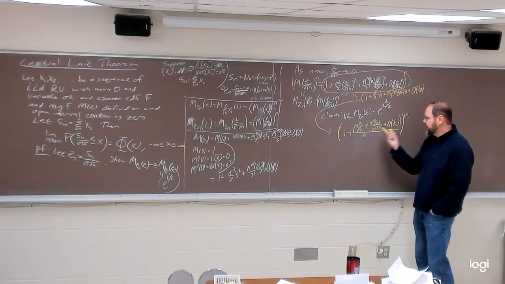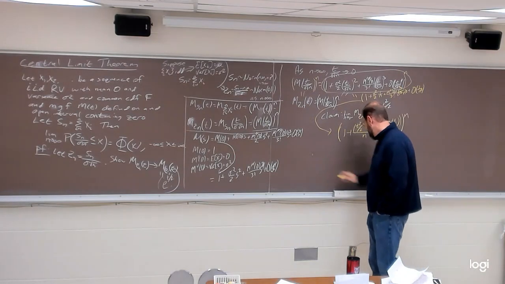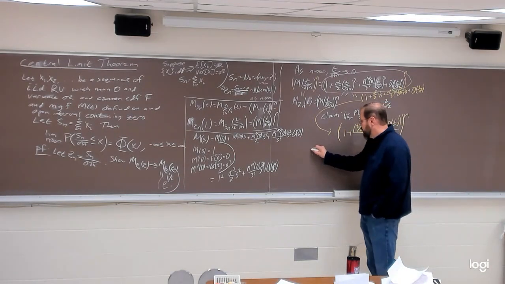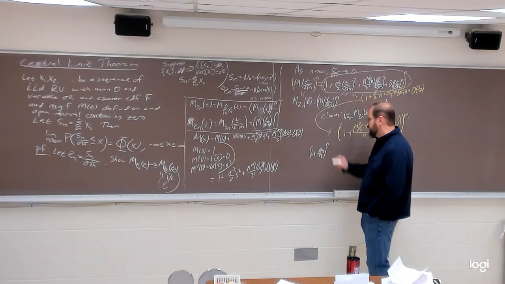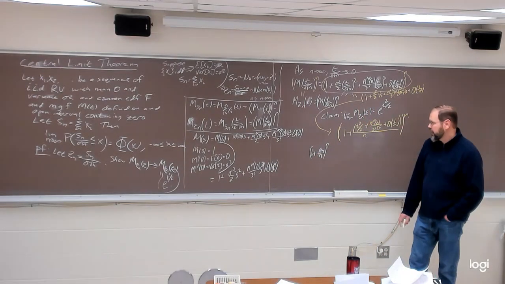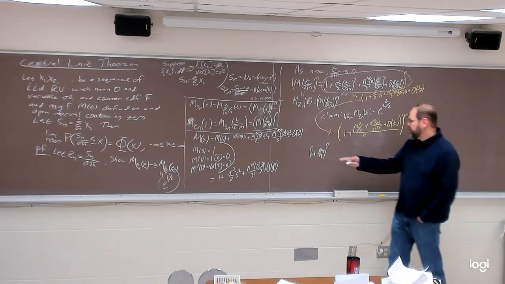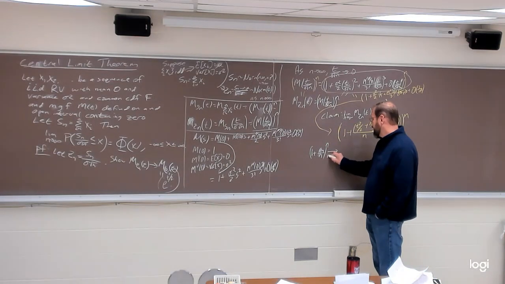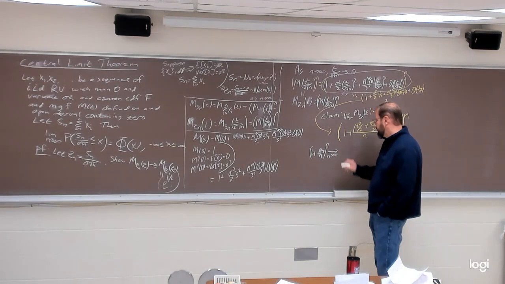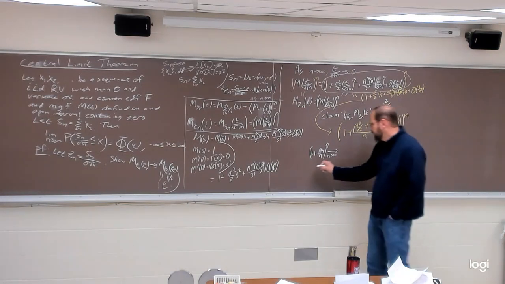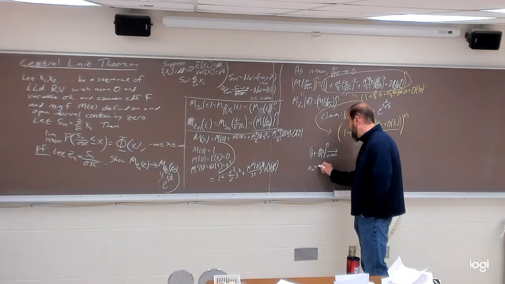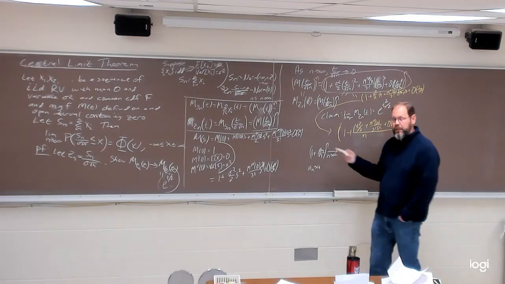So I have this thing that looks like 1 plus a sub n over n raised to the nth power. And I would like to make a statement about what happens to that as n goes off to infinity. But I have an additional statement that these a sub n's are actually getting closer to some number, right?